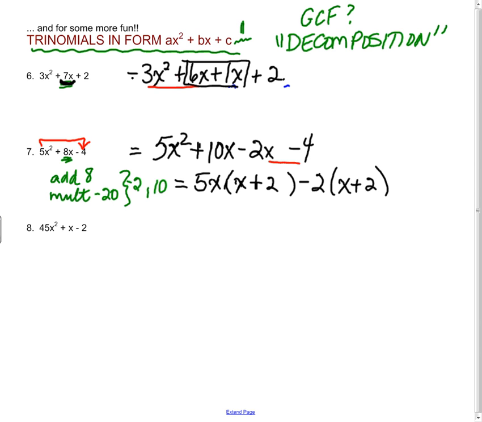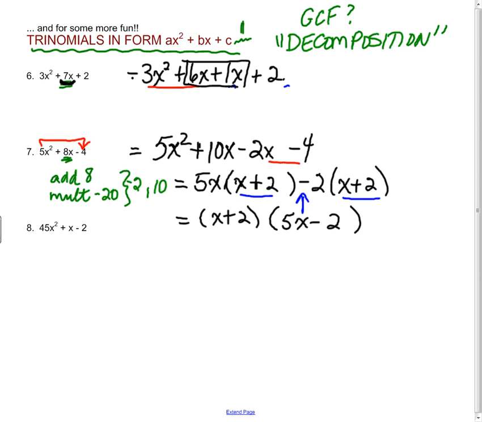Now I was also a little bit careful there. I chose to have a greatest common factor of -2 because I knew that I wanted these two brackets to look identical. So I forced it a little bit because I want to write my final answer as the common bracket of x plus 2 and the leftovers 5x minus 2.